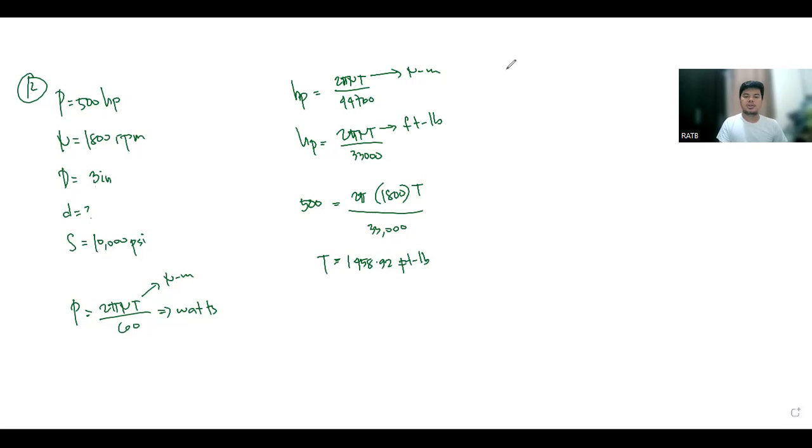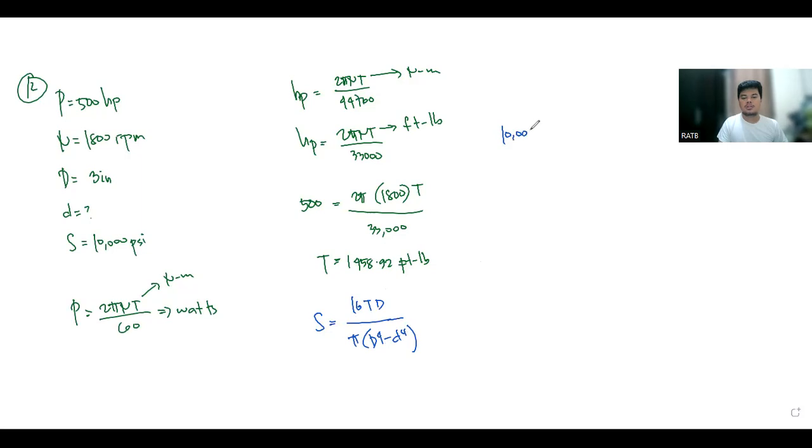And the stress is given by 16T over pi d cubed. We can just substitute directly now.